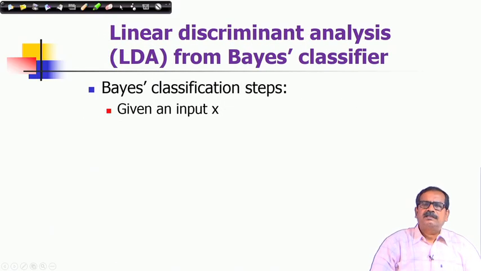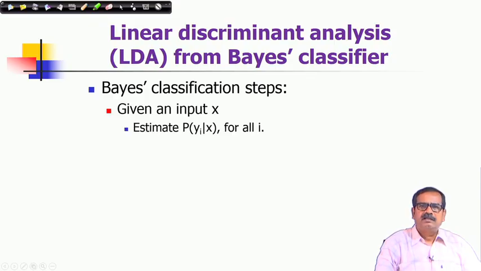Let us discuss a particular type of linear discriminant function: deriving a linear discriminant function from Bayesian classification approaches. We call it linear discriminant analysis from the Bayes classifier. In the Bayes classification steps, as we have seen, given an input x, we need to estimate the posterior probability of yi given x for all i.